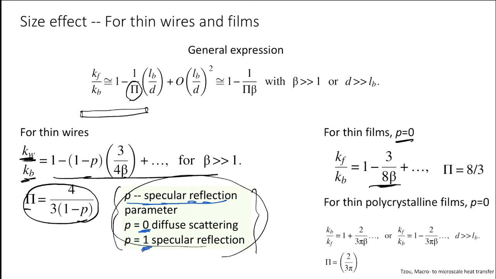If it's specular, it is 1. And if it's specular, then you could think of this P is 1, then pi becomes infinite. So basically for thin wires, no matter how thin the wire is, the thermal conductivity would remain exactly the same if everything is specular reflection. But if it's not specular reflection, then there is some resistance in the system, and then the thermal conductivity would reduce.